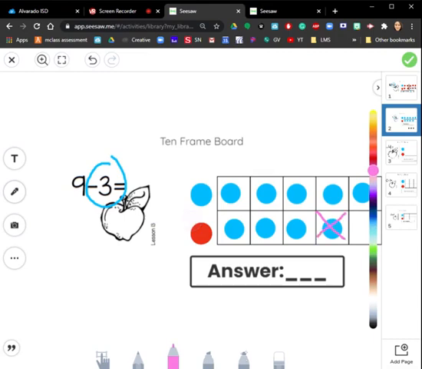Let's cross them out. 1, 2, 3. How many are left? Let's count them. 1, 2, 3, 4, 5, 6. We have 6 dots left.